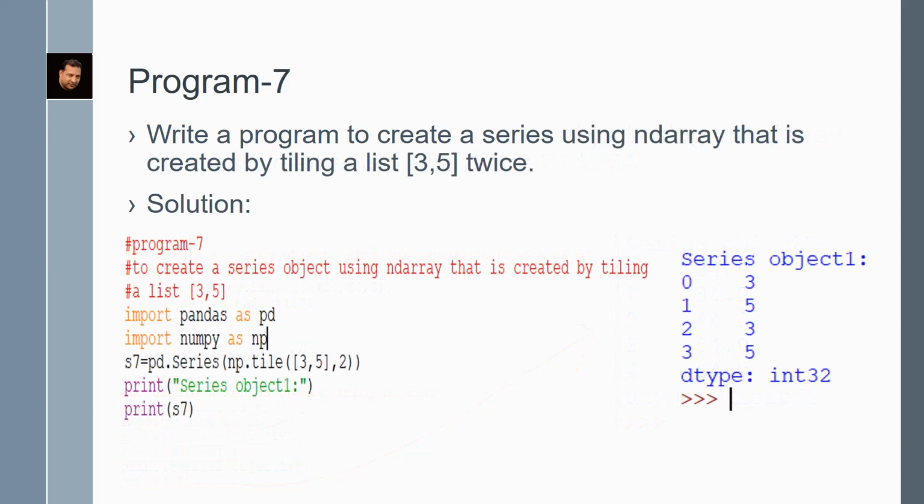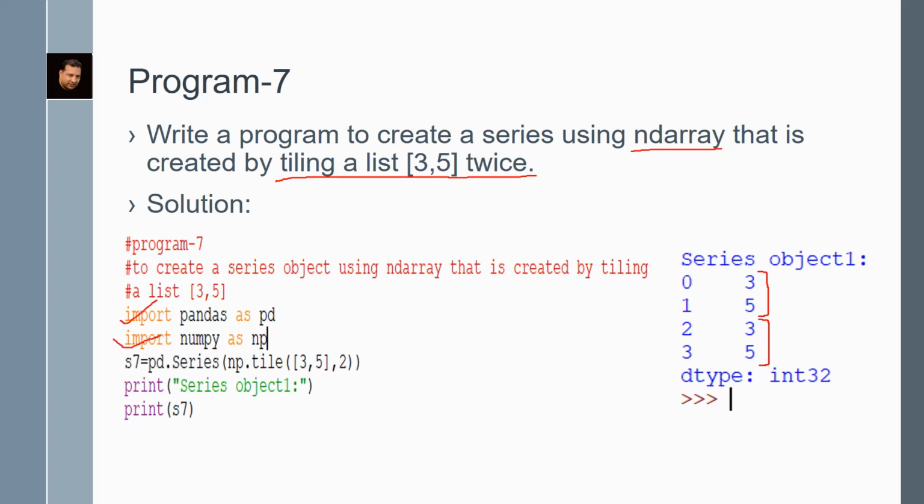Now program number 7. Write a program to create a series using ND array that is created by tiling a list 3, 5 twice. Tiling means 3, 5 should come something like this. See the output. So import pandas as pd, import numpy as np.